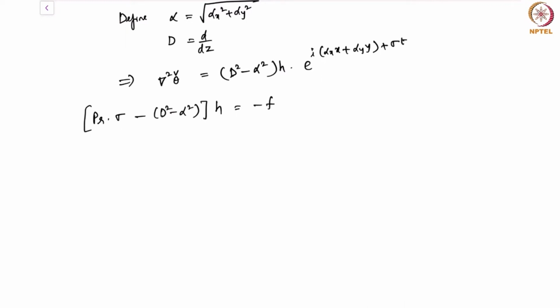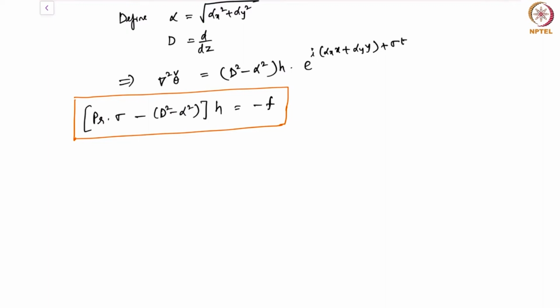Note that I am not writing the exponential terms because the w hat also has the same exponential term. So this exponential of i times alpha x x plus alpha y y plus sigma t will cancel out. So equation 12 essentially becomes this ordinary differential equation. It's an ordinary differential equation because the only derivative that we have in this equation is d by dz, that is capital D.